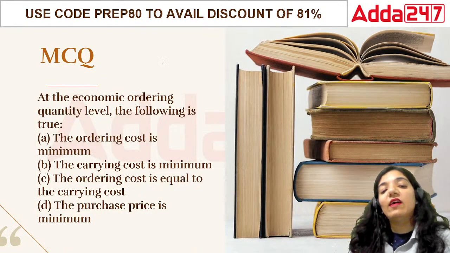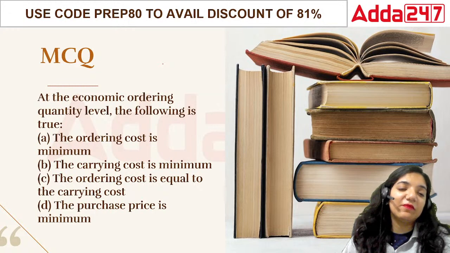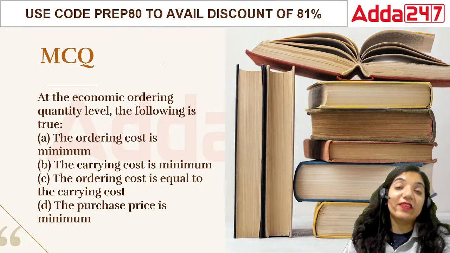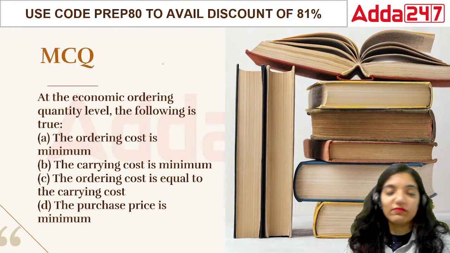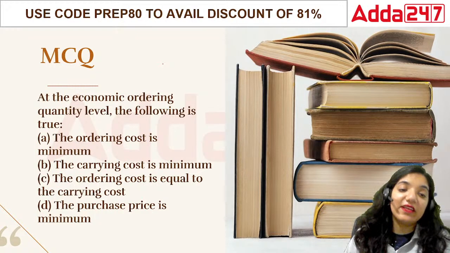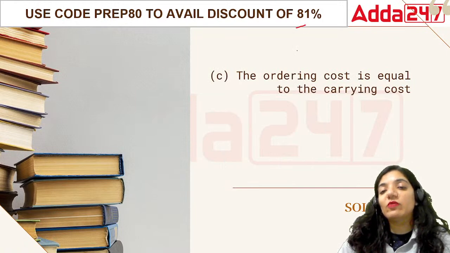Next question. At the economic order quantity level, the following is true: the ordering cost is minimum, the carrying cost is minimum, the ordering cost is equal to the carrying cost, or the purchase price is minimum. At the economic ordering quantity, matlab that particular level of order where our costs are all balanced out, all the costs are minimized, right? So the correct answer would be your ordering cost will be equal to carrying cost.